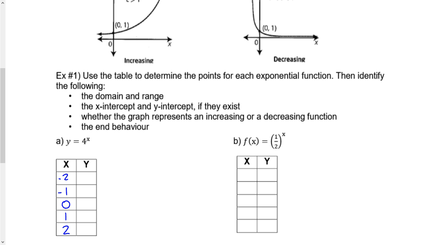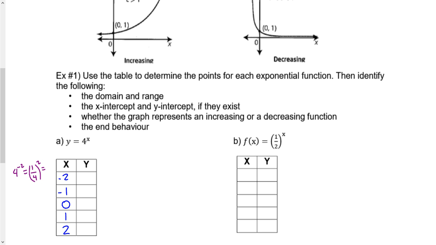So if we go back to our exponent laws, back from grade 10, if we put -2 into here, 4 to the power of -2, because we have that negative exponent, it means that we'd have to take the reciprocal of the base, and then we would be squaring 1/4.